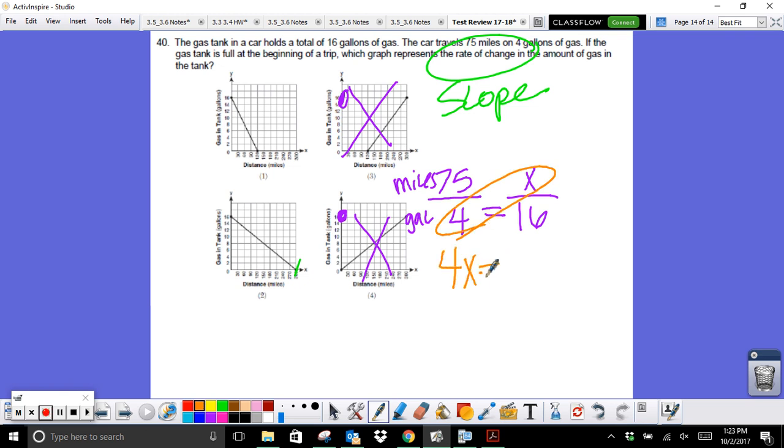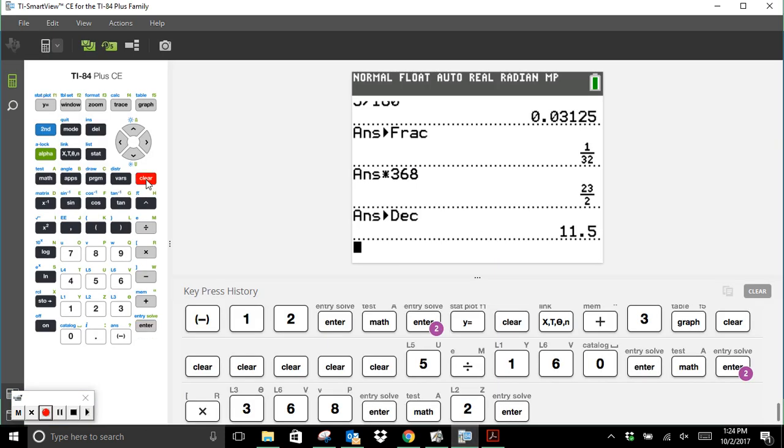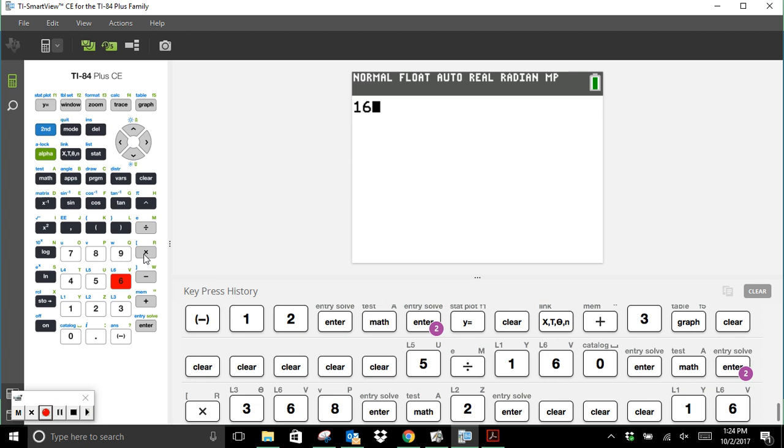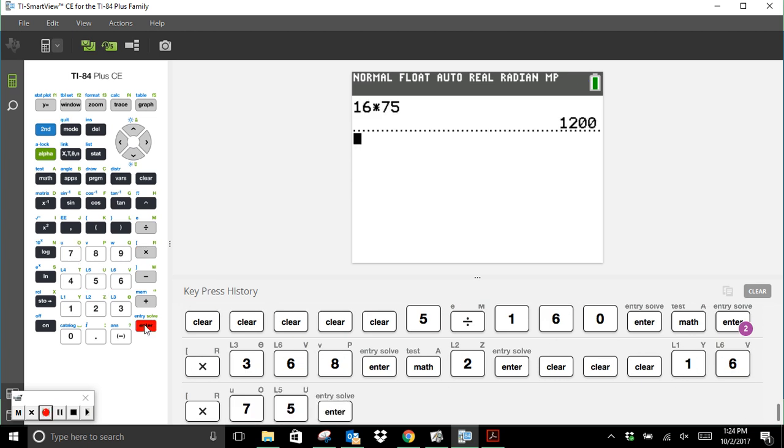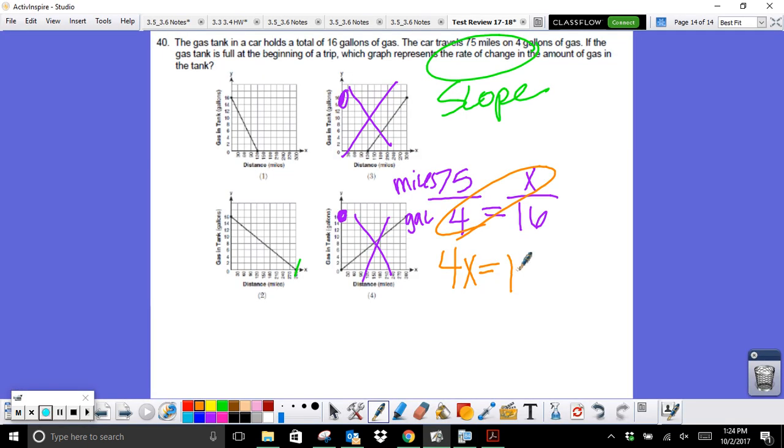So I have 4x equals 16 times 75 is 1,200. Divide by 4, and x is 300. So when I have 0 gallons of gas, I was able to go 300 miles, which means my answer is 2. Okay, so that's it.